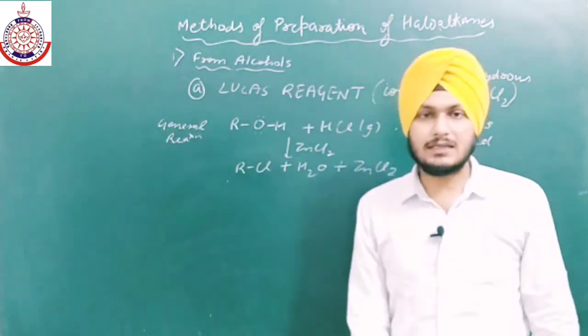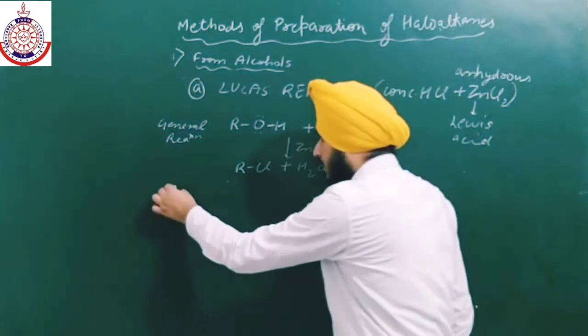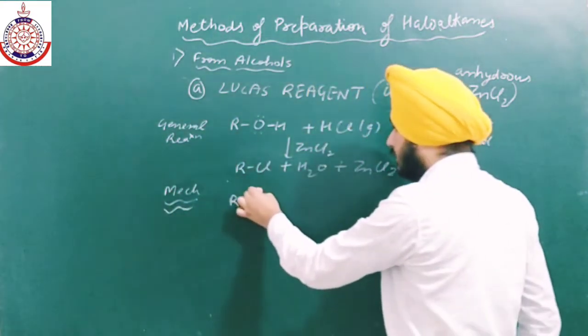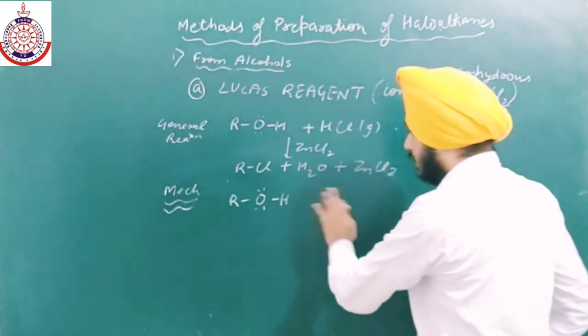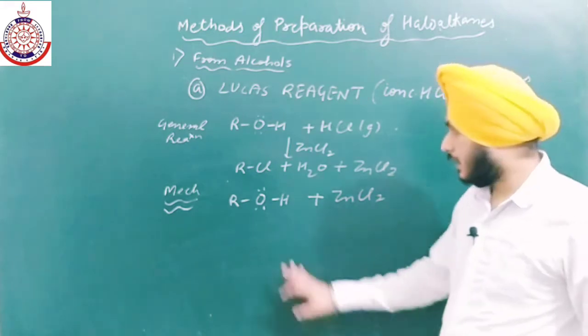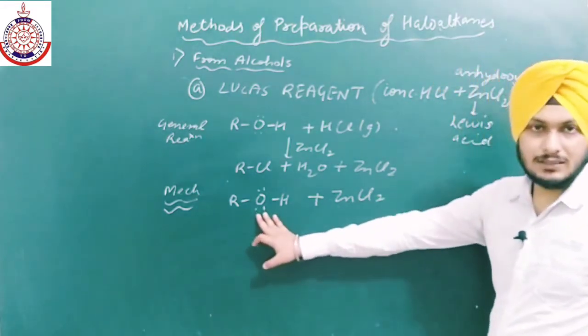And now what is the mechanism of this particular reaction? The mechanism is like this. Firstly we have ROH and we have ZnCl2. Now ZnCl2 is an electrophile and ROH is a nucleophile.